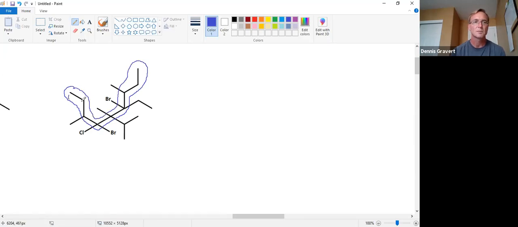And numbering starts from the left. That's steps 1, 2, and 3. In step 2, the parent name is nonane.